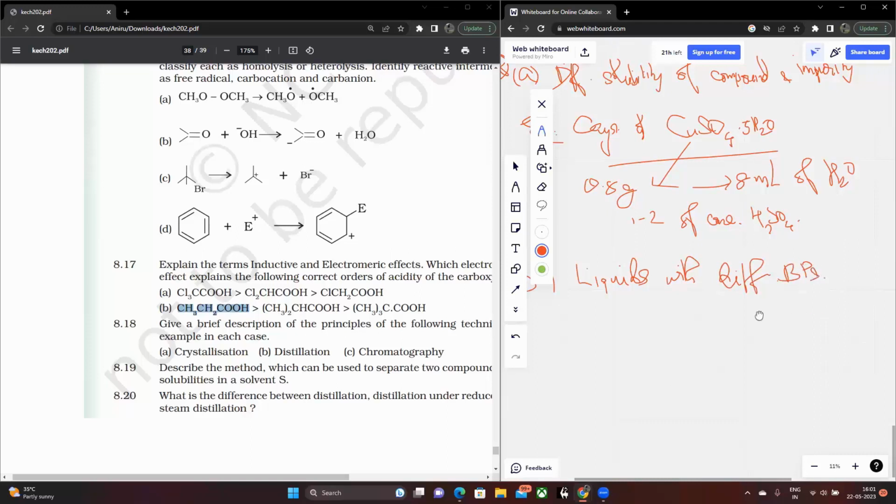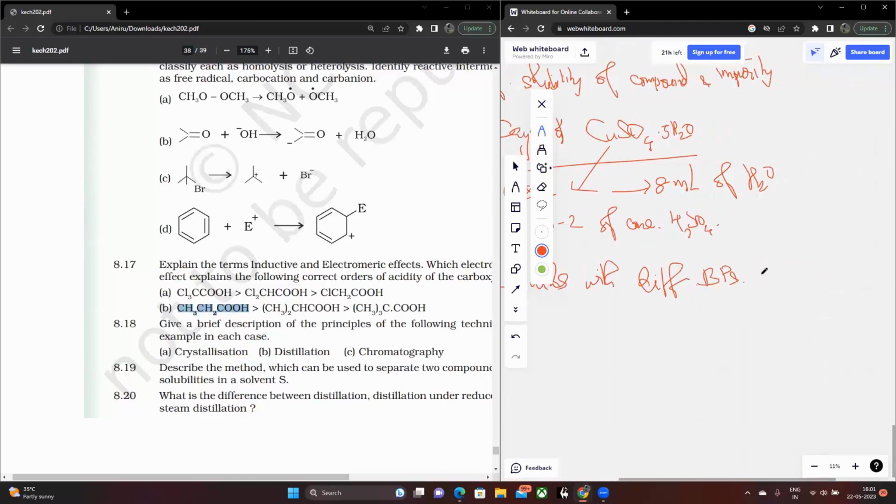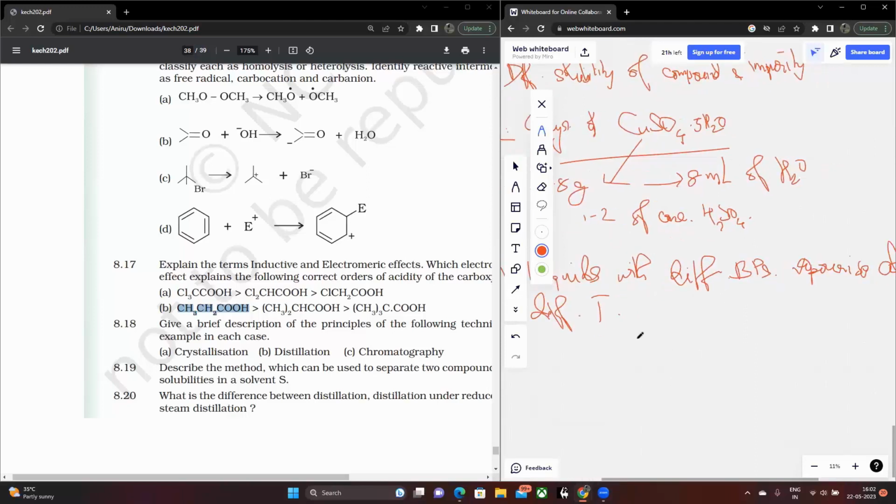Boiling point I'm representing as BP. They vaporize at different temperatures. Usually, to carry out pure distillation, you need a temperature difference of at least greater than 25 degrees Celsius or 25 Kelvin. Both are the same, because Kelvin is just Celsius plus 273.